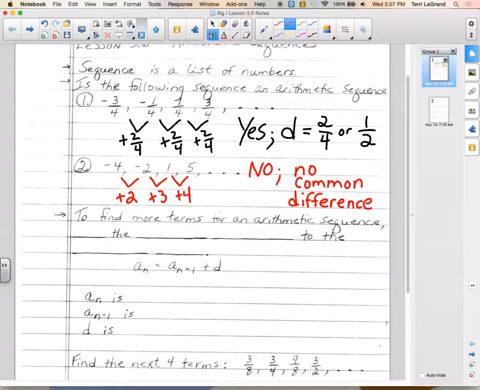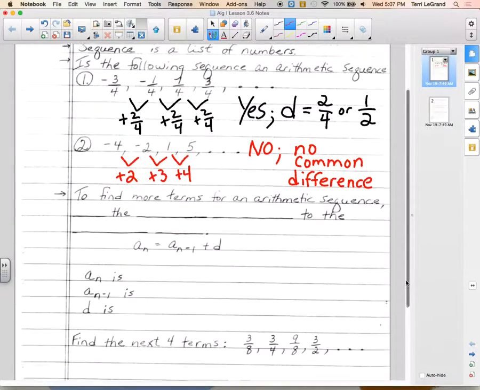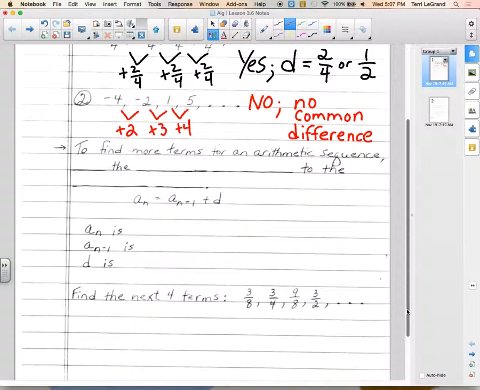So that's some of what you're going to be doing, determining if a sequence, a list of numbers, can be considered an arithmetic sequence. And if it is, what is its common difference? What is its D value? Okay, what if we have to find more terms for an arithmetic sequence?